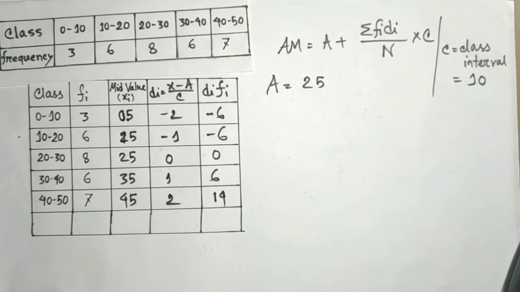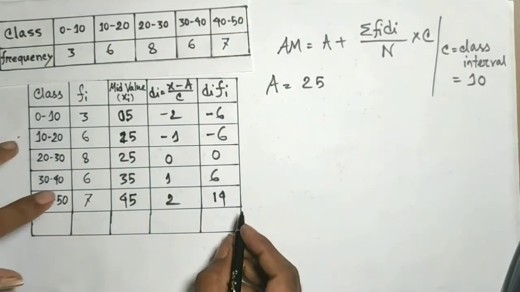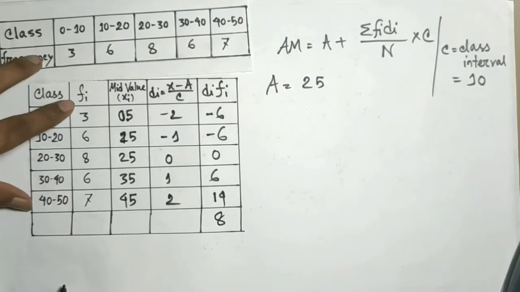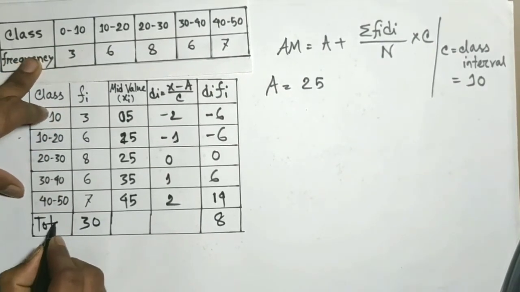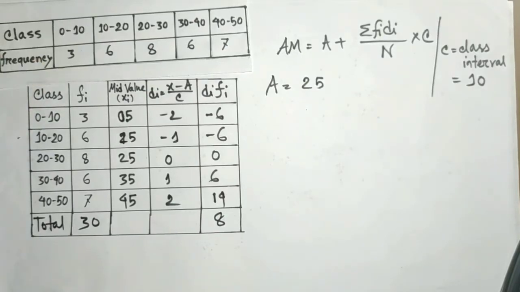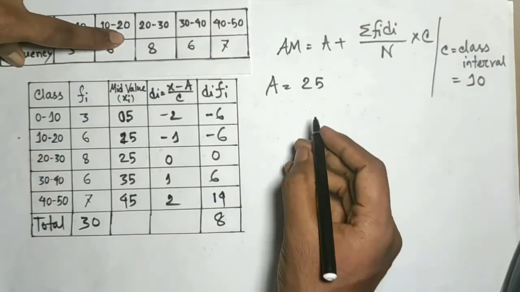So the summation of this multiplicative result should be 8, and the total frequency is 30 here. We have to do nothing but put these values in the formula, and we will get the arithmetic mean of this grouped data.